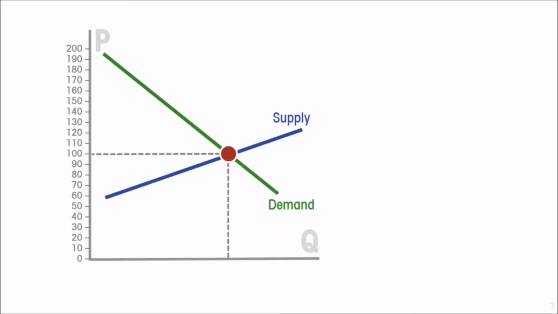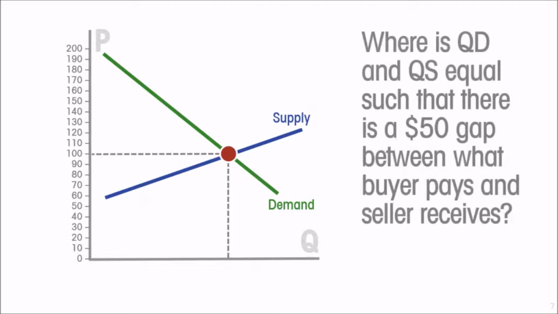So to implement a tax in this model, on this diagram, we want to ask the question, where is quantity demanded and quantity supplied equal such that there is a gap between what the buyer pays and the seller receives by the amount of the tax? Let us say we're going to impose a $50 tax in this market.